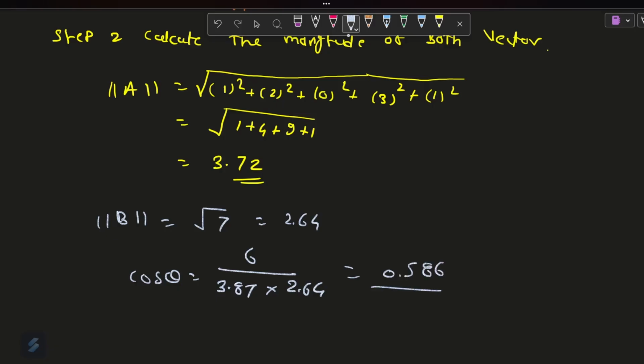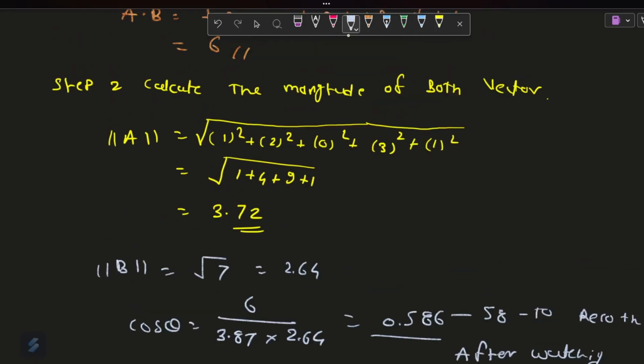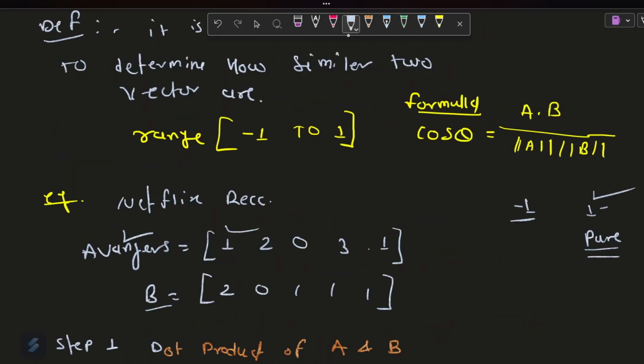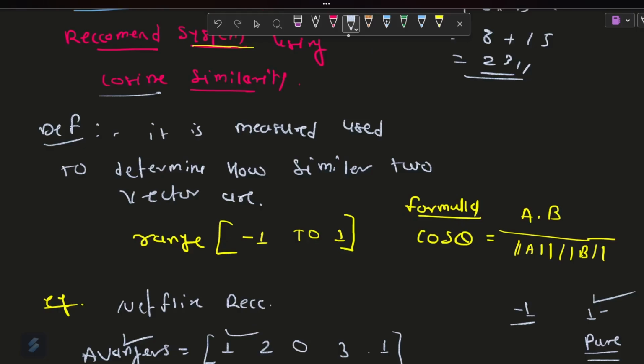It means there is a 58% chance to recommend this movie after watching Avengers. This is how cosine similarity is useful in a Netflix recommendation system. So this is done for today.